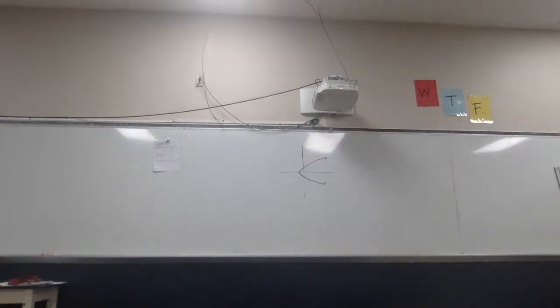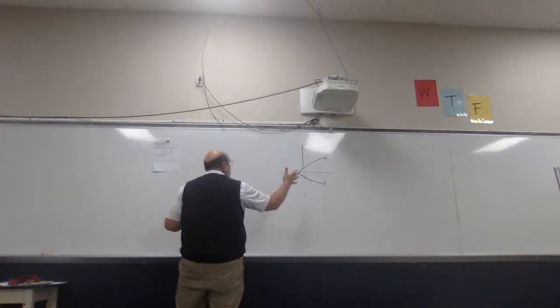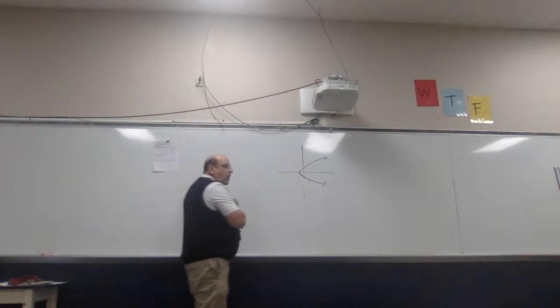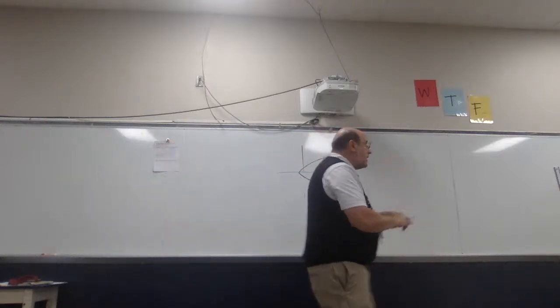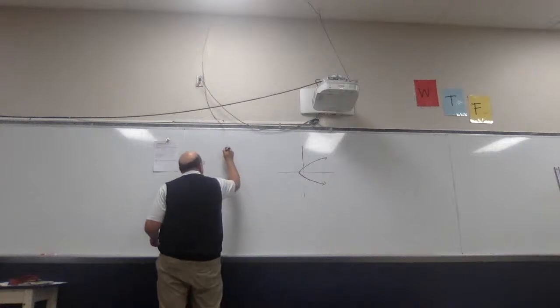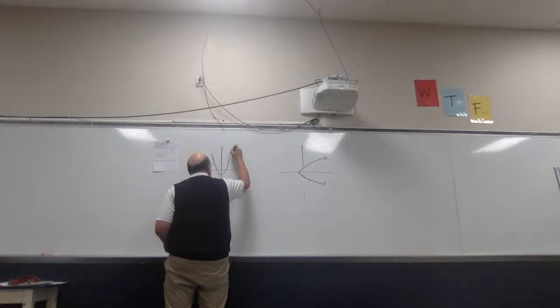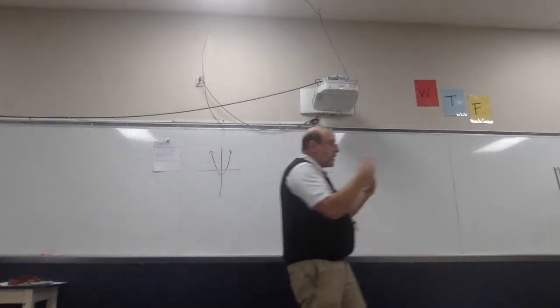And there is an equation for that. So if you replace your y with negative y, and you come up with the same thing, then you know that it's reflective over the x-axis. In turn, if you want to see if it's reflecting over the y-axis, you replace x with negative x and come up with the same thing.